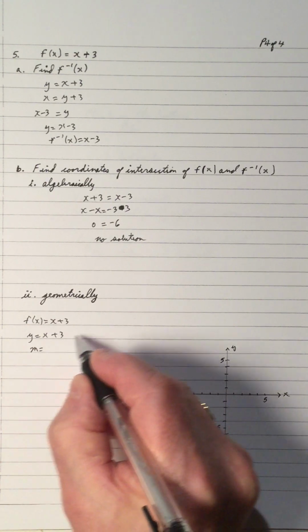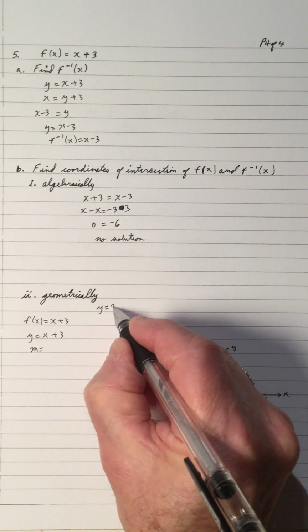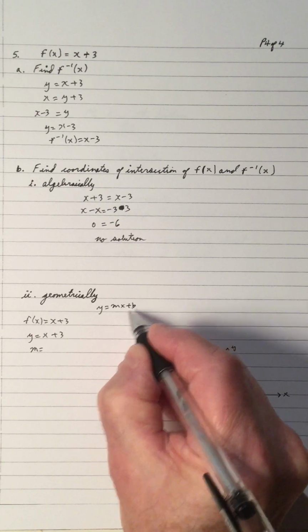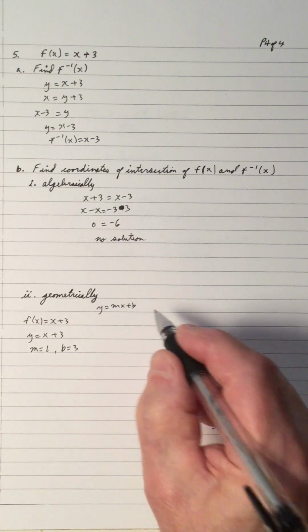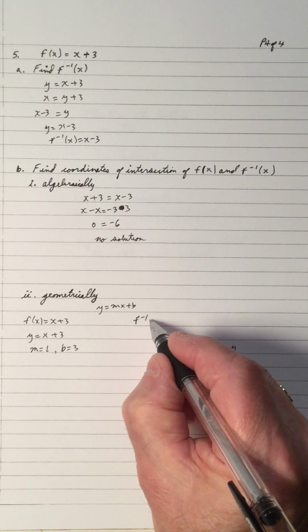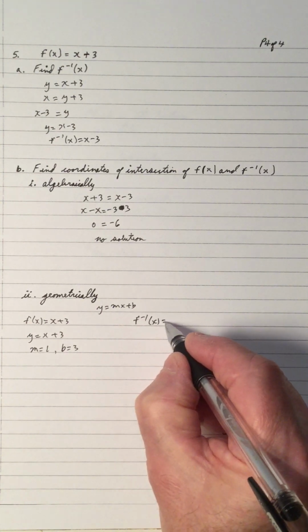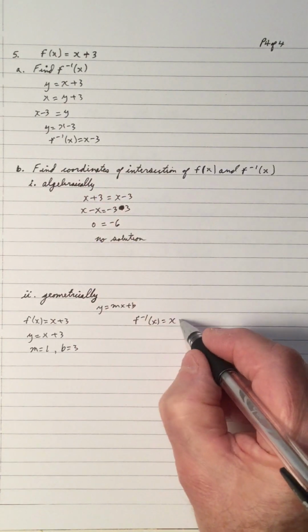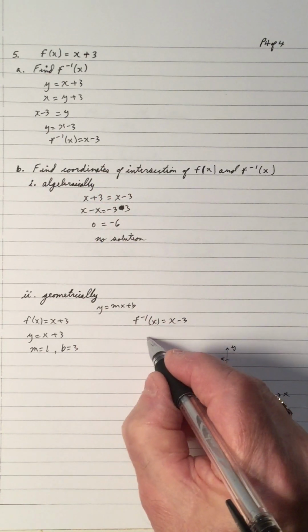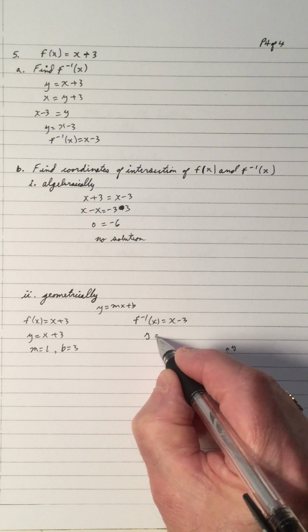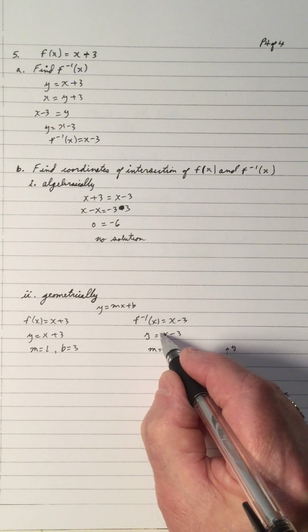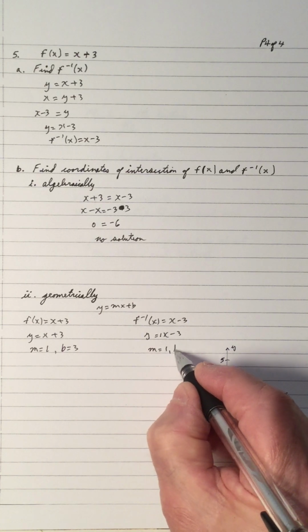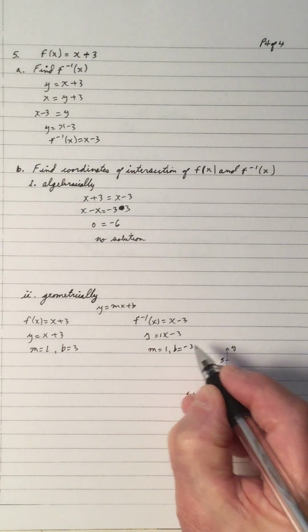We have y equals mx plus b, so the slope is 1 and the y-intercept is 3. F to the negative 1 of x equals x minus 3, and again, y equals x minus 3. So the slope is 1 and the y-intercept is negative 3.